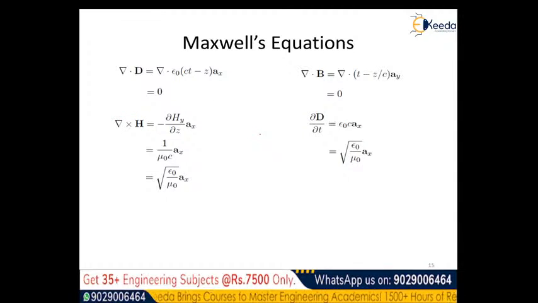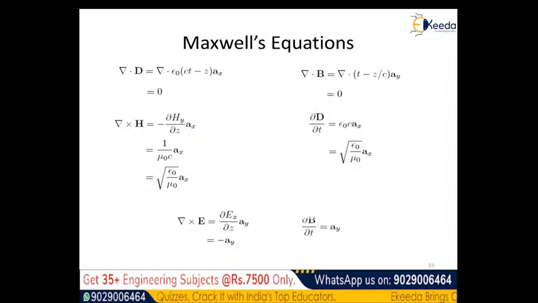Now at last we require Maxwell's first equation, del bar cross E bar is equal to minus del B by del T, to be satisfied. When we find the LHS, del bar cross E bar, which is the curl operation, substituting capital Ex in the formulation for the curl, we get the answer equal to minus Ay.